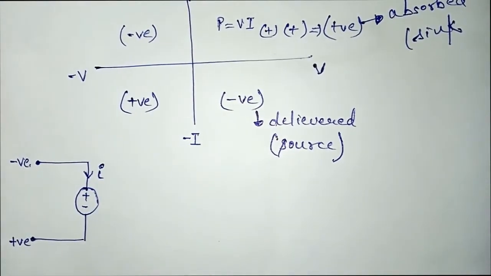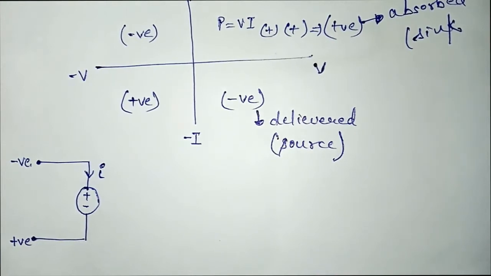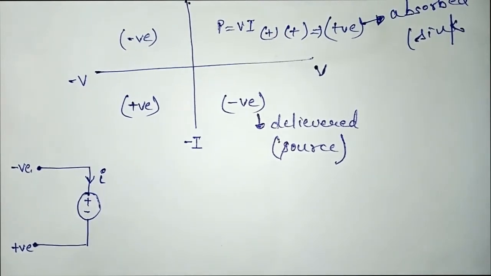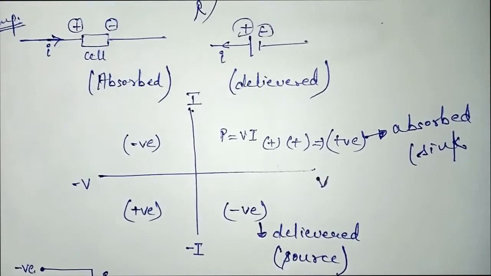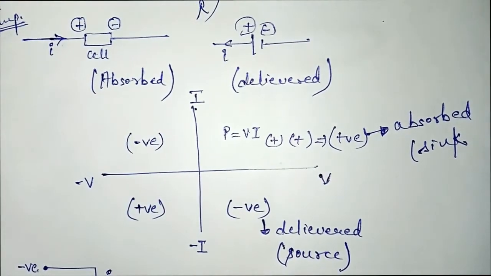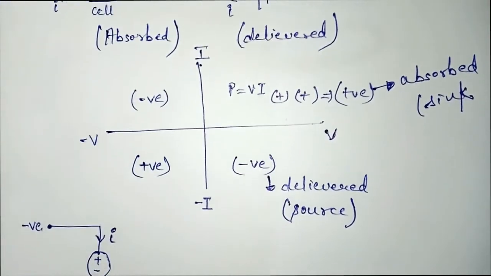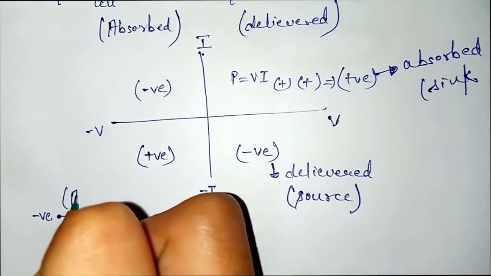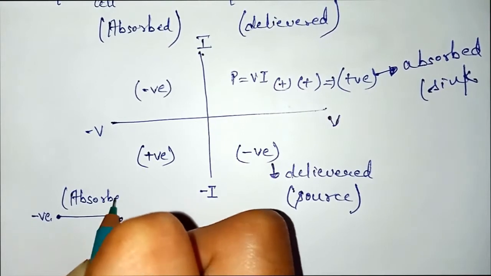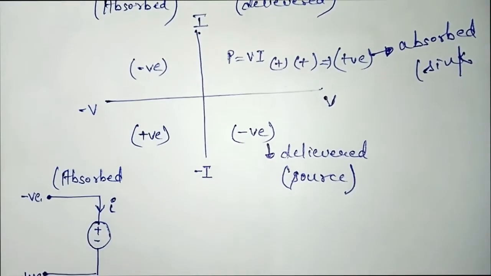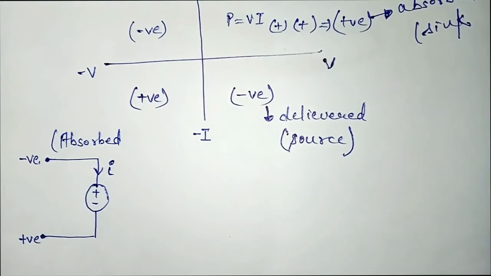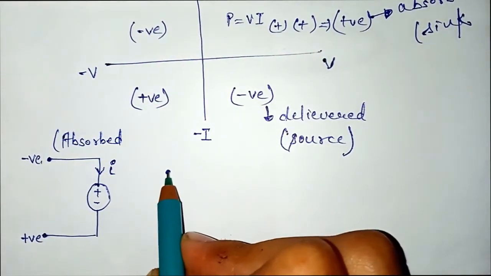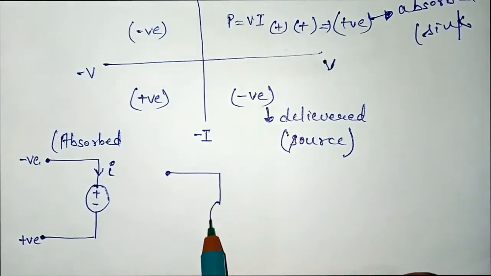Here you can see that current is entering in the positive terminal. Then you can say that when current is entering in the positive terminal, then power is absorbed. It is very easy. Similarly, this circuit is like this.